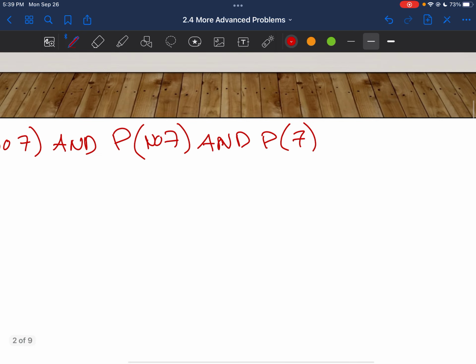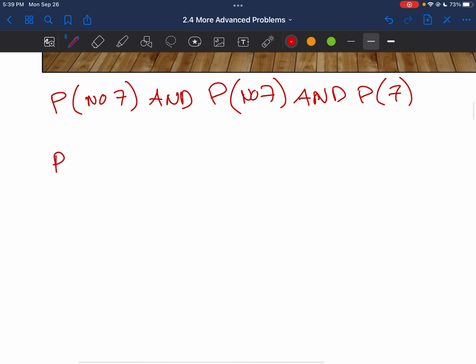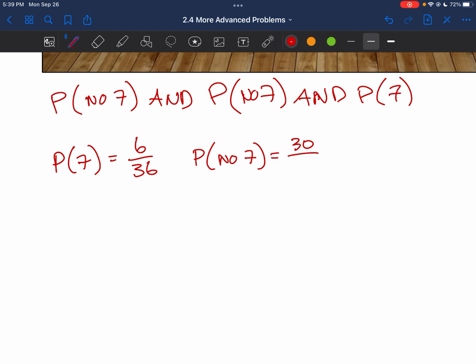So the probability of getting a 7 is 6 out of 36, which means since the probability of not getting a 7 is the complement of the probability of getting a 7, the probability of not getting a 7 is going to be the remaining 30 out of 36. And I can reduce this if I want to, but it's fine to just leave it as is.